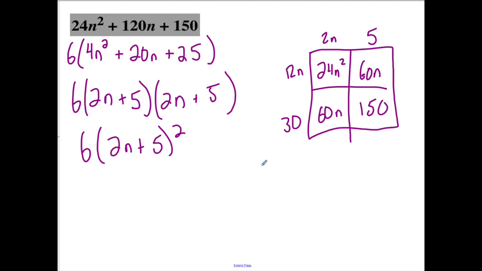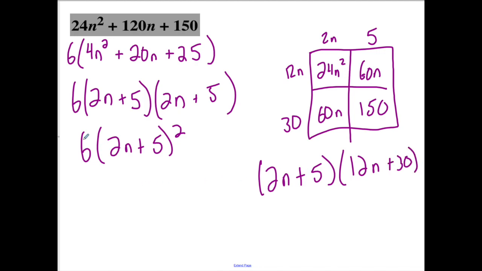But here's the problem. When you do this, you get 2n plus 5 times 12n plus 30. And how I did this is in my head, I just distributed the 6 into one of these things. But you can see that the 12n and the 30 have a 6 in common. So when I ask you to factor completely, that means that you need to go into any factors and remove any GCFs.